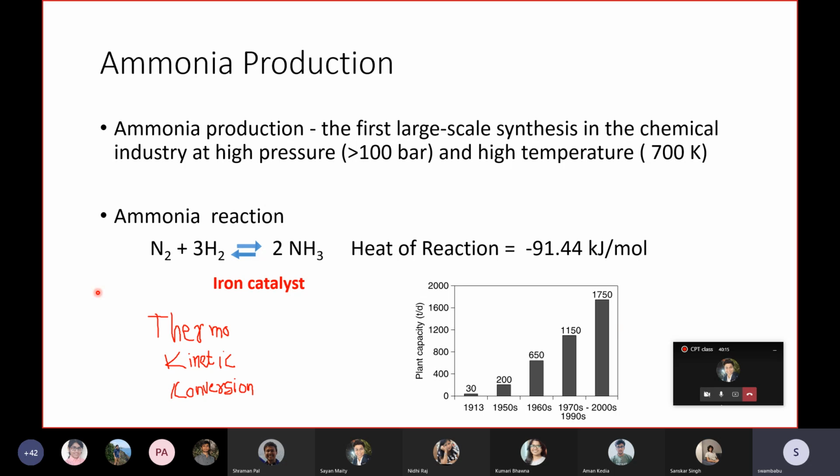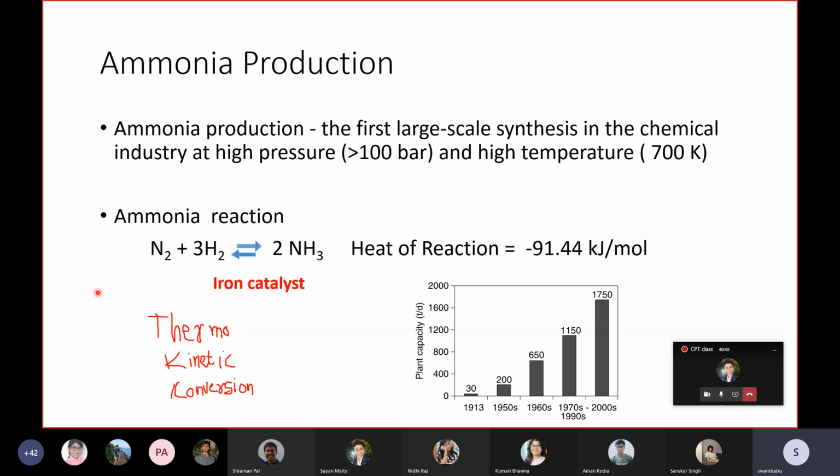If the maximum possible conversion is 1%, we don't need to carry out a practical reaction. In the CAPE course, I will show you how to calculate this equilibrium conversion value using Aspen, if you missed it in thermodynamics.